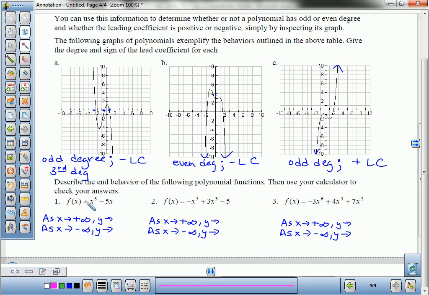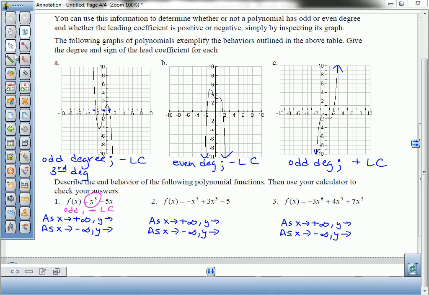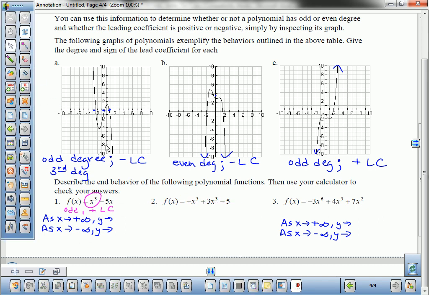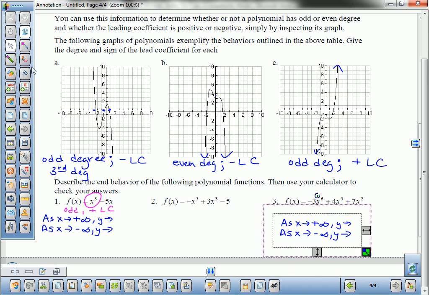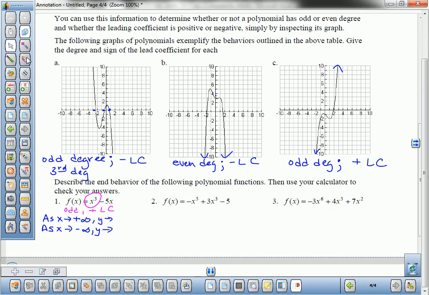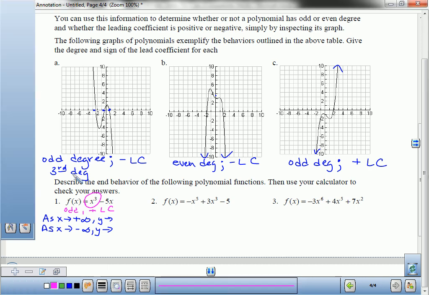Okay, so let's look at it. Largest degree is this one. So this is the term we're looking at. This term is odd, and it has a positive leading coefficient. Oh, I did all of those backwards. Let's erase all that. I don't like to do it backwards. It really doesn't matter which order you go in, and it's not really backwards. They're both acceptable, but I like going left to right.